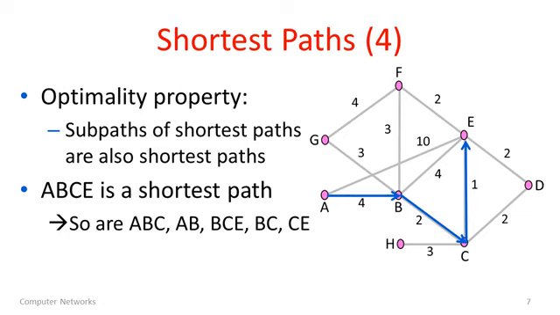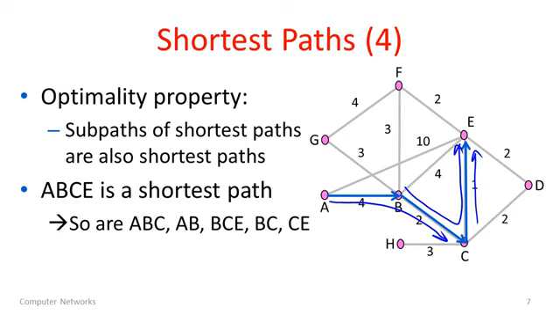For instance, our path ABCE is the shortest path. Okay, well that means I actually found a lot of other shortest paths. ABC, that first segment, is the shortest path. CE is the shortest path. BCE is also a shortest path, and so on.